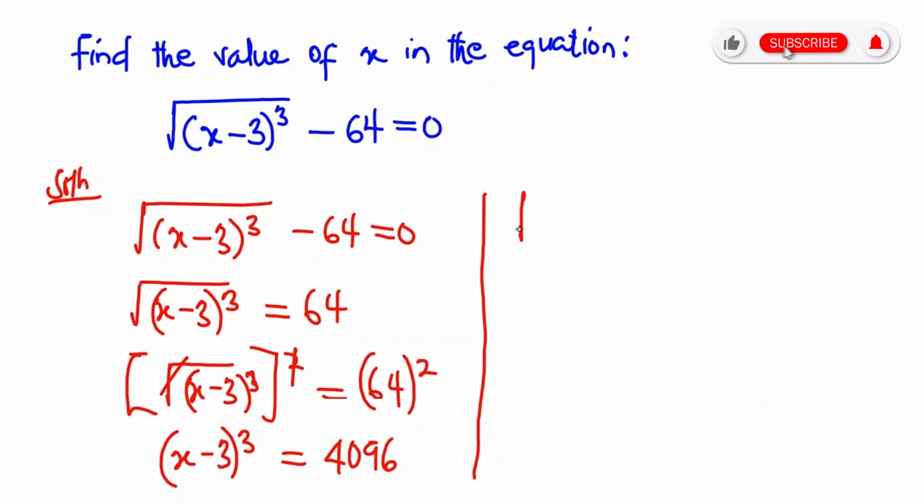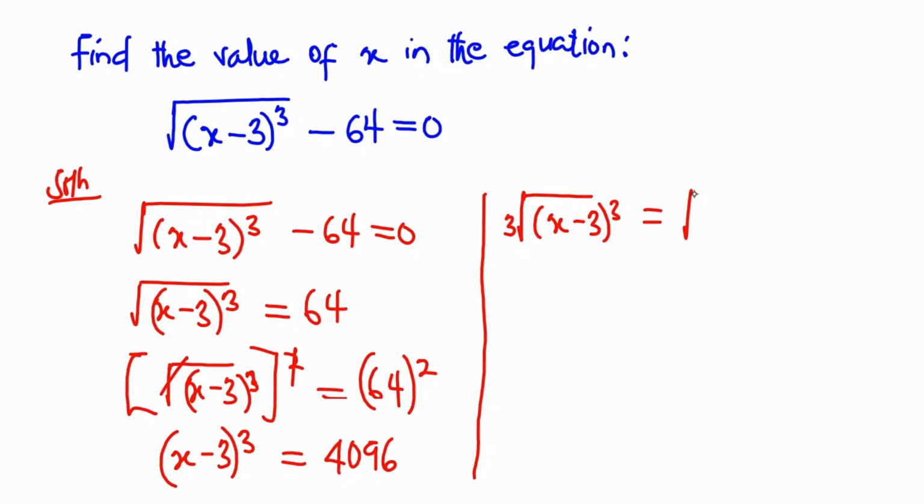In this instance, we have the cubic root of x minus 3 all exponent 3, which is equal to the cubic root of 4096. In this instance, this cube will cancel the cubic root and we will be left with x minus 3, which is equal to, so the cubic root of this gives us 16.